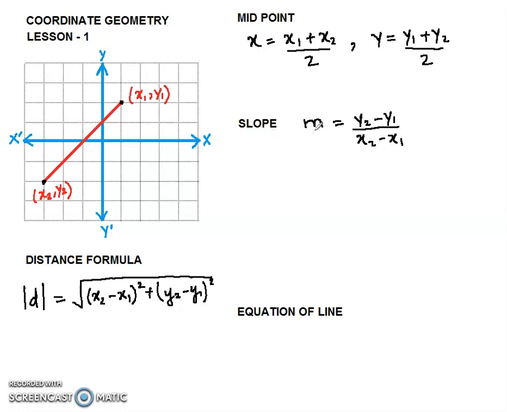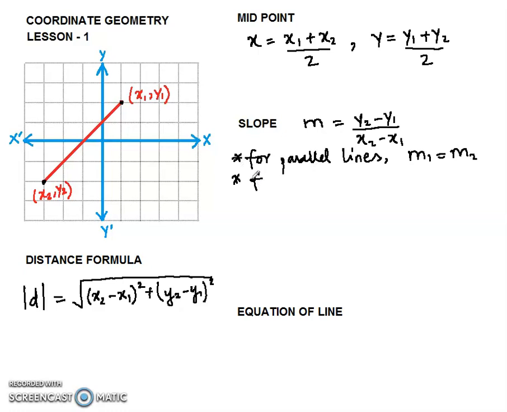So there are certain conditions that are supposed to be remembered. First of all, for parallel lines, the gradient, the slope of the two lines are supposed to be the same.